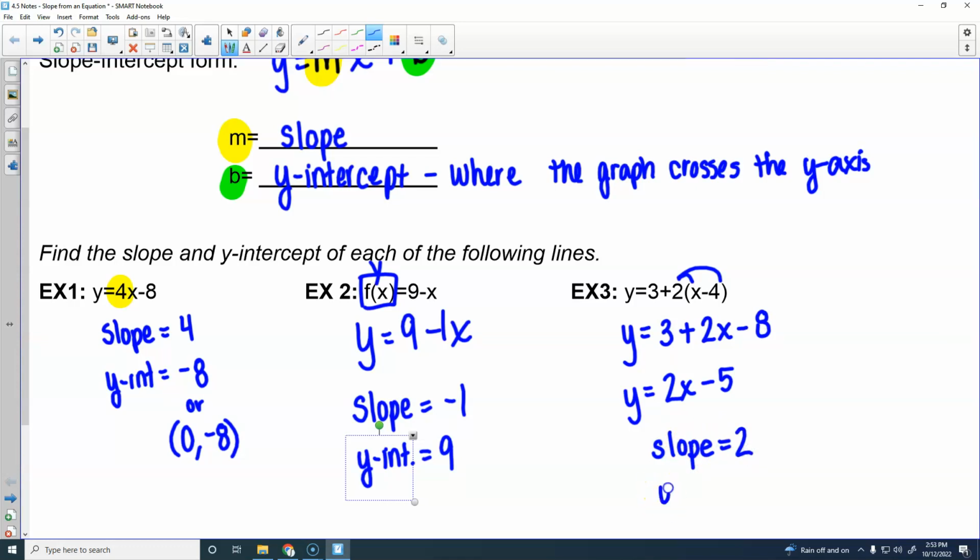Ian, what's the y-intercept going to be? Negative 5. Good. Again, it may be given as (0, -5), depending on what your answer choices look like there. Okay, questions so far?